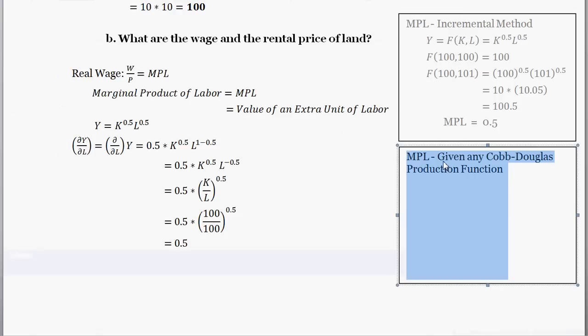Next, I want to talk about the marginal product of labor given any production function. You'll notice in practically any intermediate macroeconomics textbook you'll be given the following for the marginal product of labor. So, first off, you have the Cobb-Douglas production function. So A, k raised to the alpha times L raised to the 1 minus alpha.